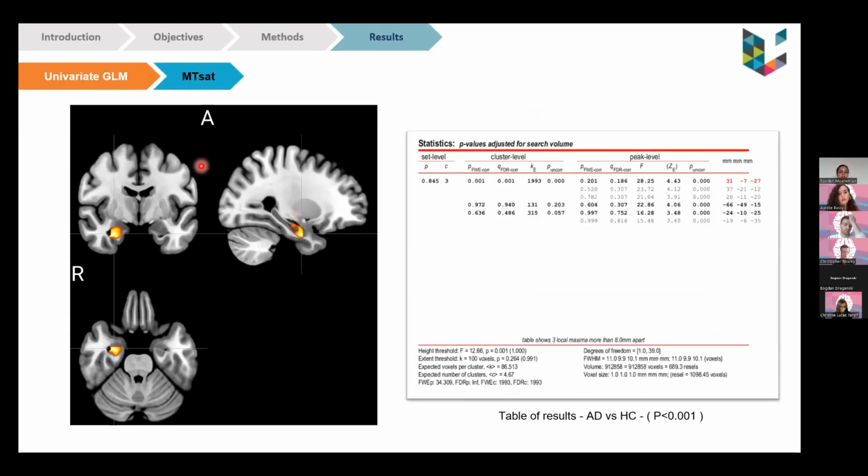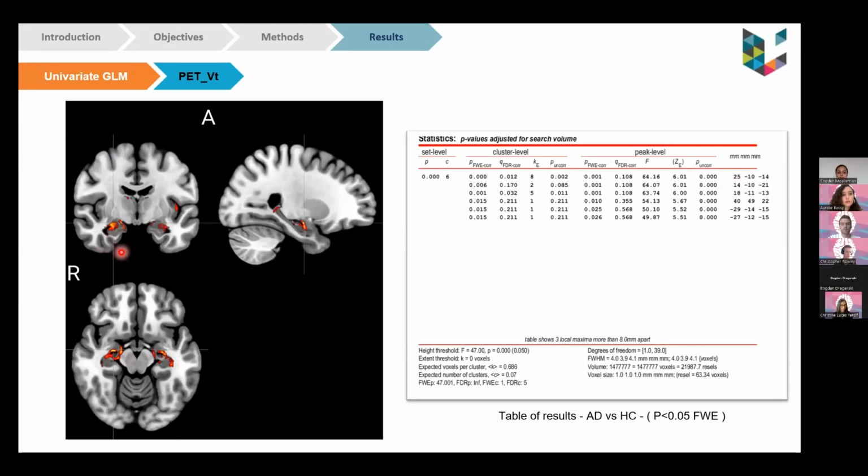Here you can see the univariate GLM results for MT-sat maps, showing us a difference between AD and HC in the right hippocampus. But for the iron maps, R2* maps, we couldn't find anything significant, which might be due to small sample size here.